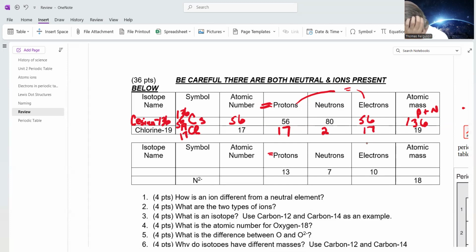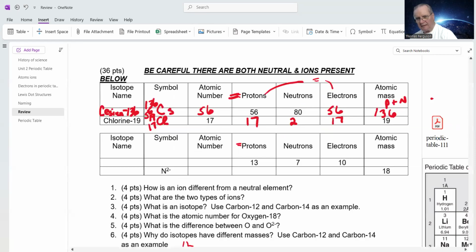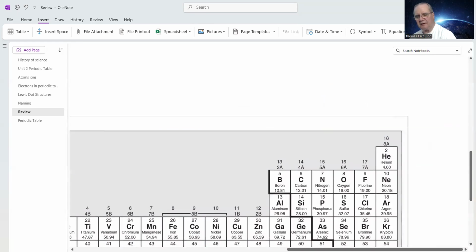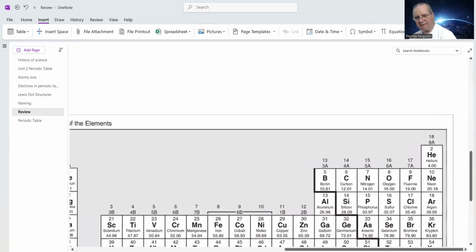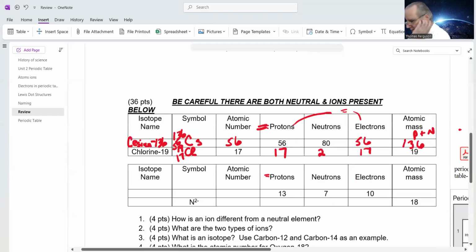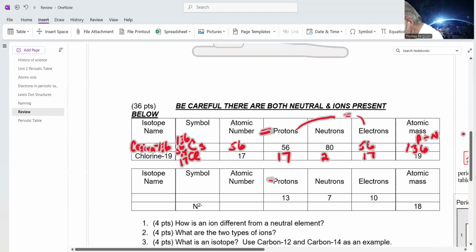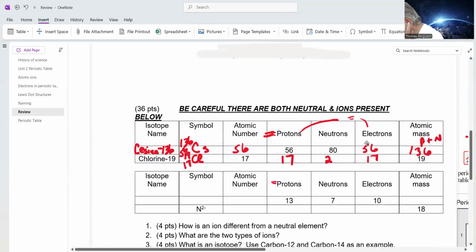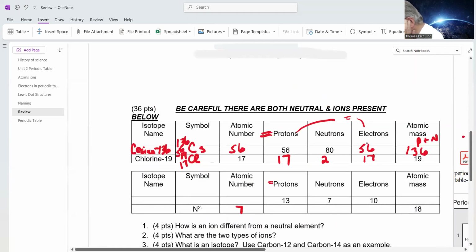Okay, then you'll get an ion version of the same table, and I've got practice of these again on files. Okay, we're looking at nitrogen. Nitrogen is atomic number 7. Protons and atomic number are the same.